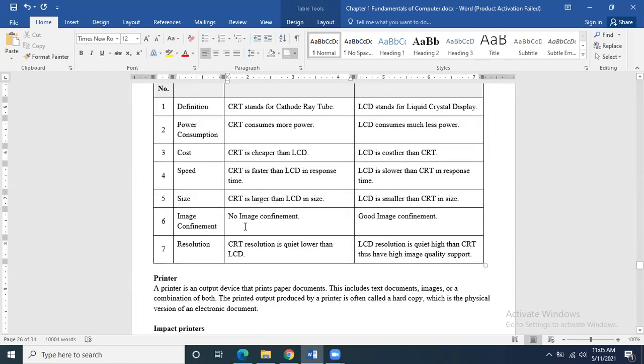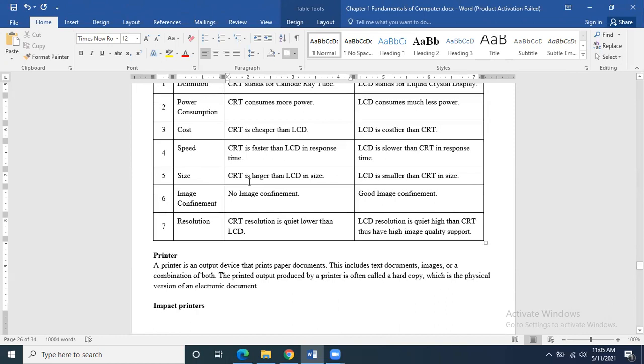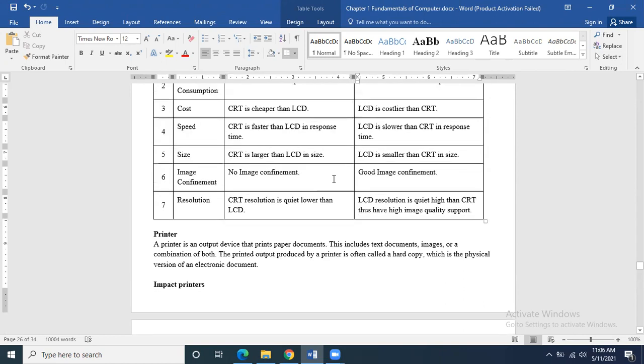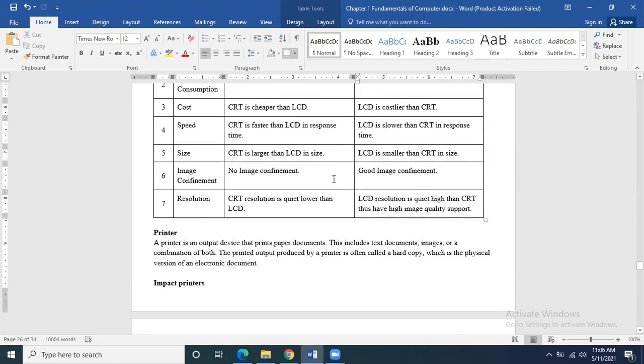It is also good, but when we compare it with the CRT, it is not as good as the CRT speed. Size and weight of the CRT are larger, but LCD is light, and its size is not that much.